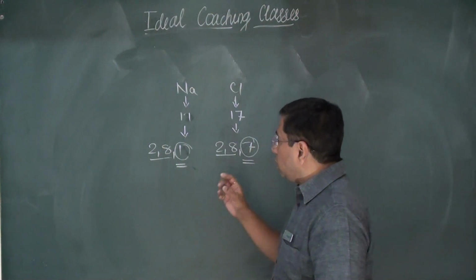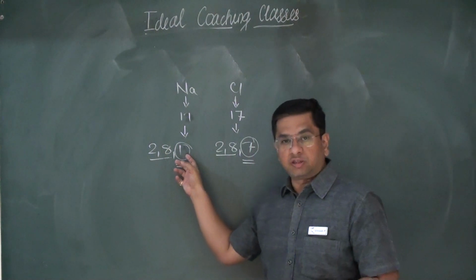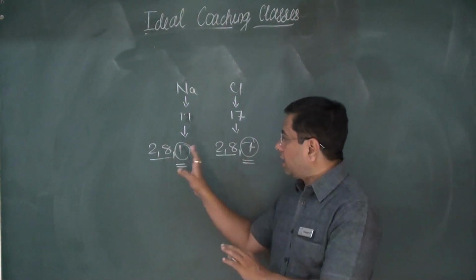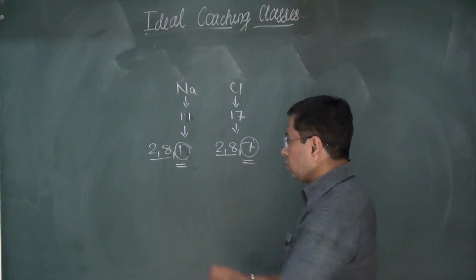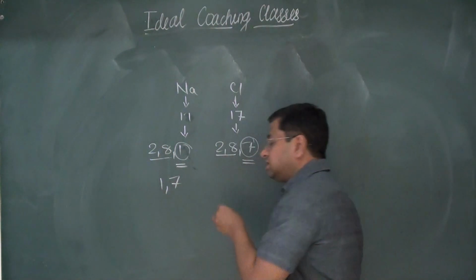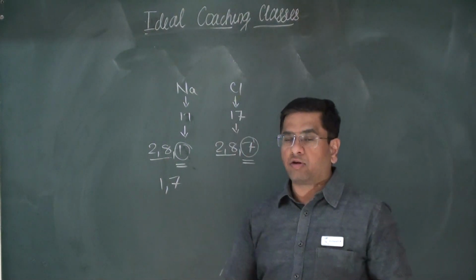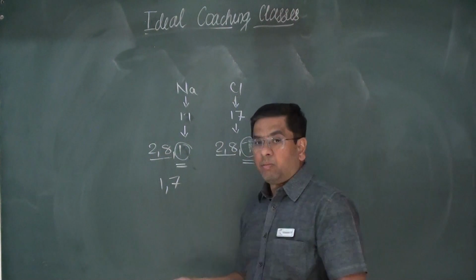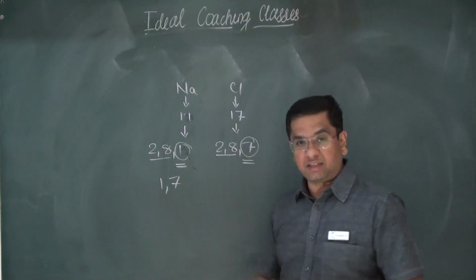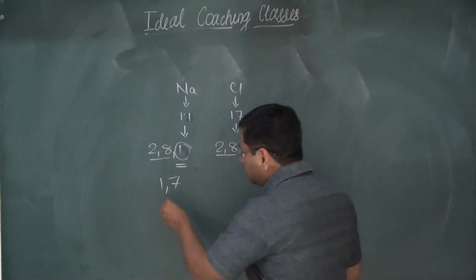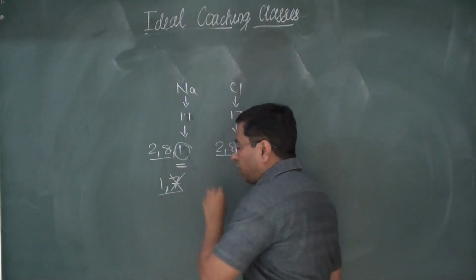Or it will accept 7 electrons, because then 1 plus 7 will be 8 and the octet will be complete. So it can have two valencies. It can have valency 1 because it can give 1 electron, and it can have valency 7 because it can accept electrons.